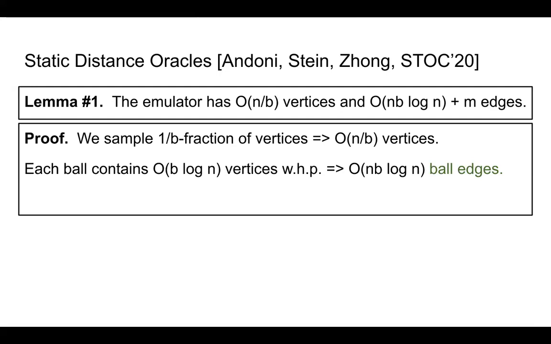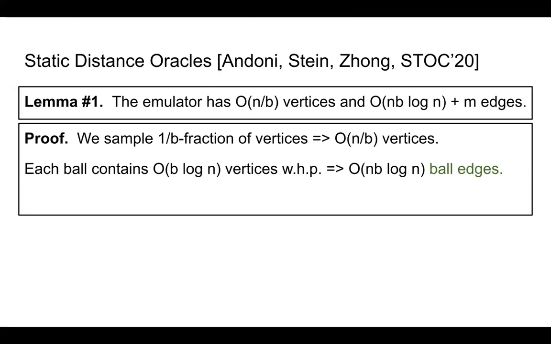So how many ball edges did we generate? Each ball contains O(b log n) vertices with high probability. This is a hitting set argument where you order all the vertices by distance from a vertex.